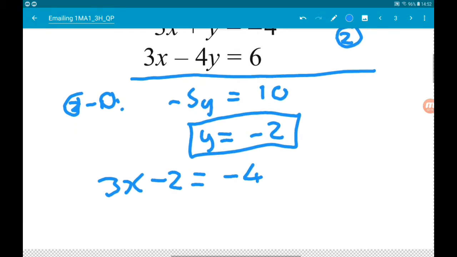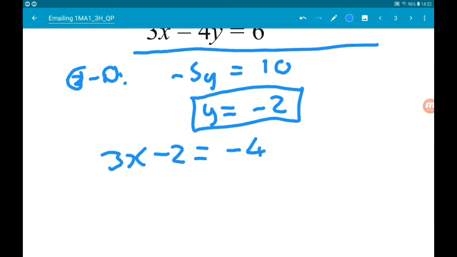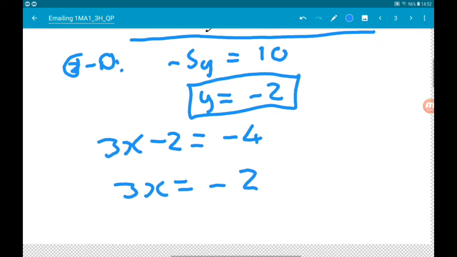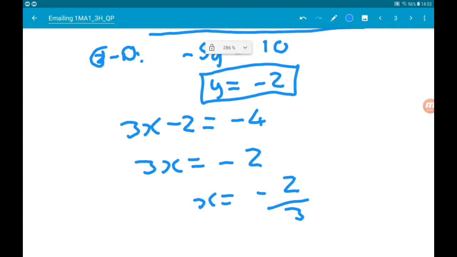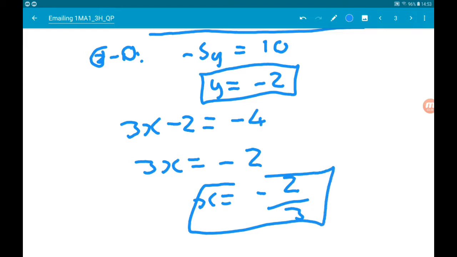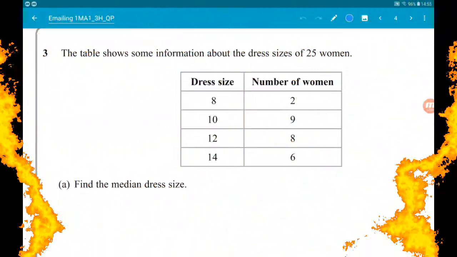Add 2 to both sides. 3x is minus 2. Divide by 3, x is minus 2 over 3. So we've done it. Cool.